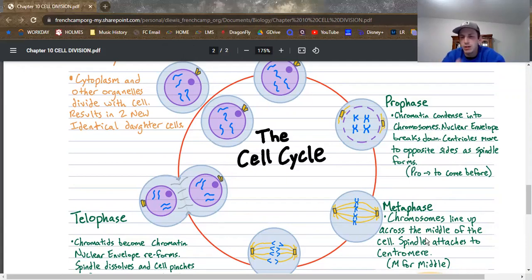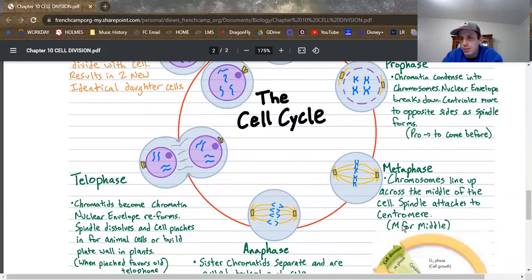But I have it attached here in metaphase. So the chromosomes line up in the middle of the cell. The spindle attaches to the centromere on the chromosomes. You can think of M for middle. So you got metaphase, it's lined up in the middle.